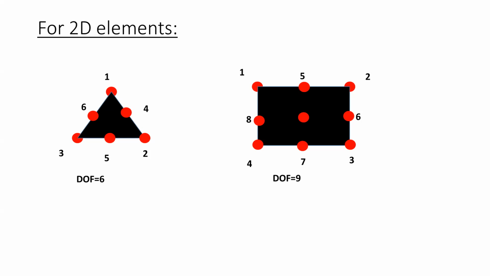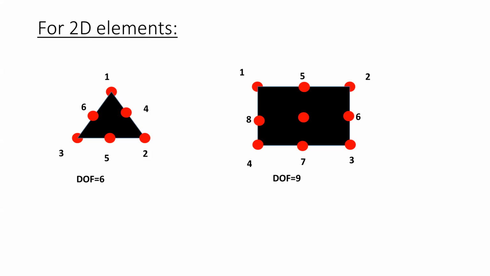Similarly, node number 6 is present between 2 and 3. Therefore, edge 2, 6, 3 can also be a curve. Similarly, the other 2 edges can also be curves. But if nodes number 5, 6, 7 and 8 were not present in this particular element, then all the 4 edges would have been straight.